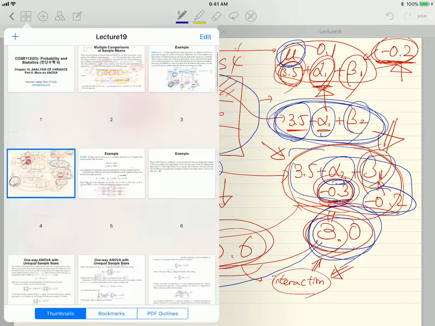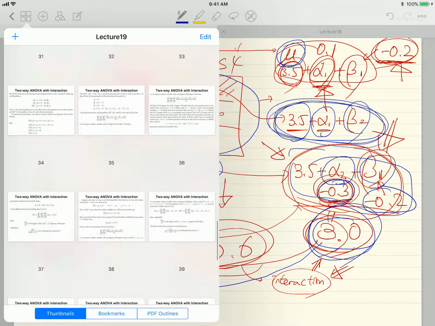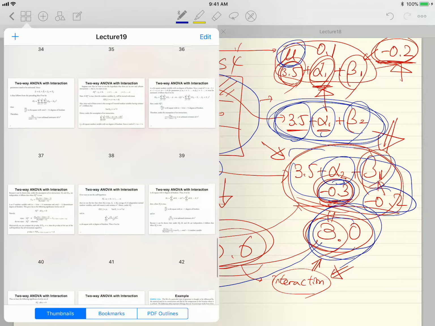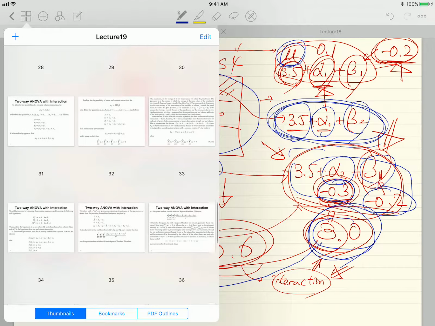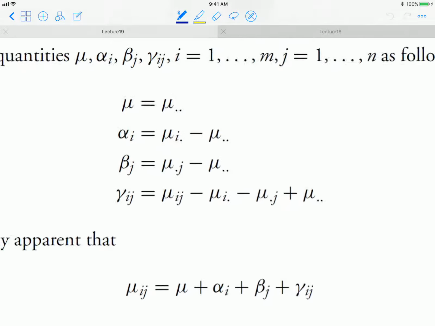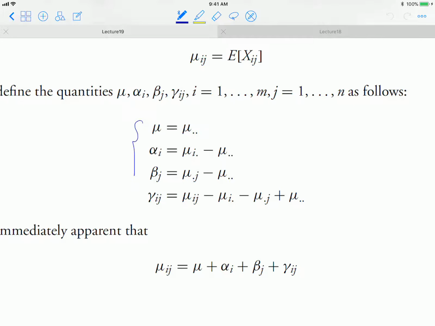Okay, so if you keep that in mind, then it should be easy to follow. So far, when computing mu, which is the global mean, and alpha i's and beta j's, they are exactly the same.